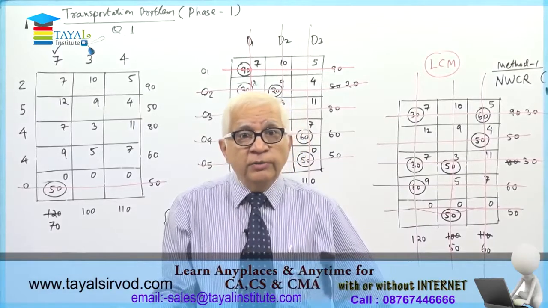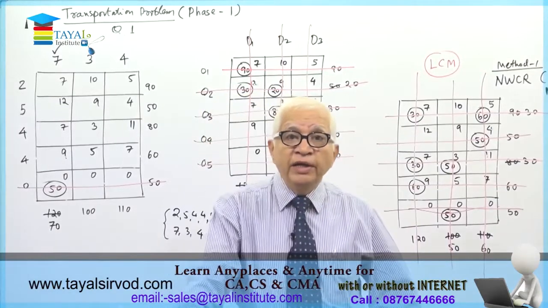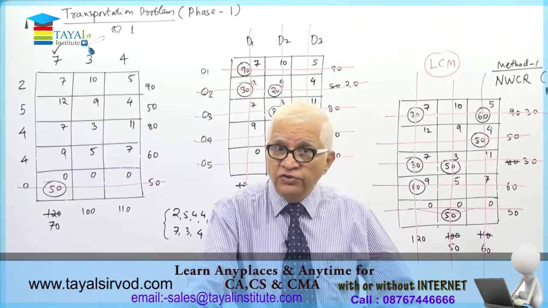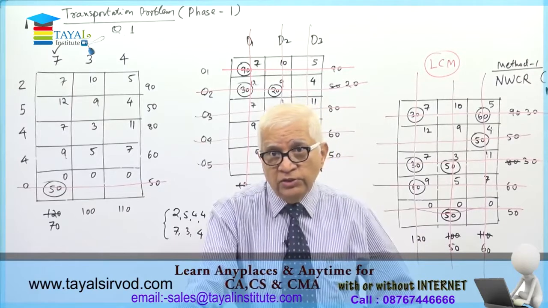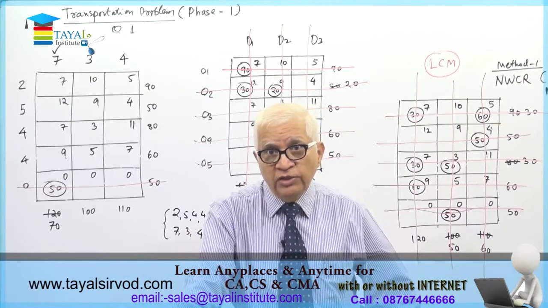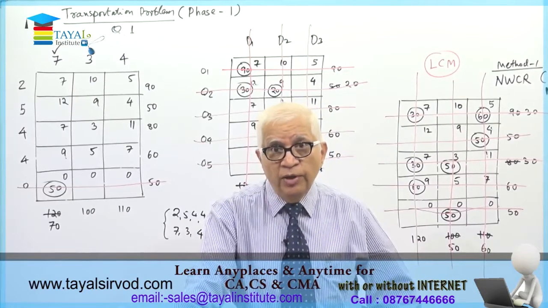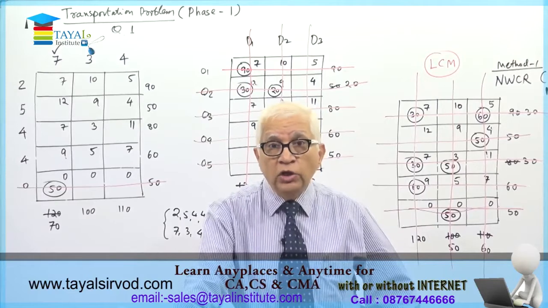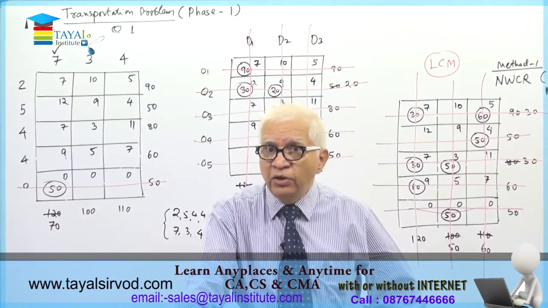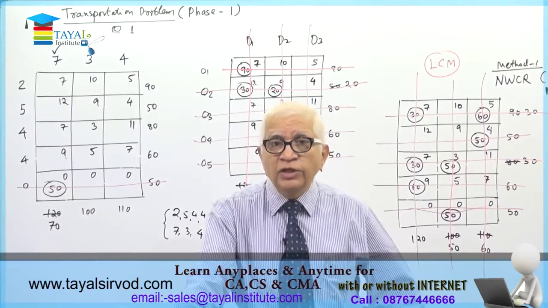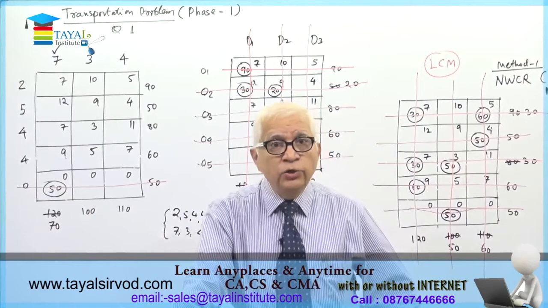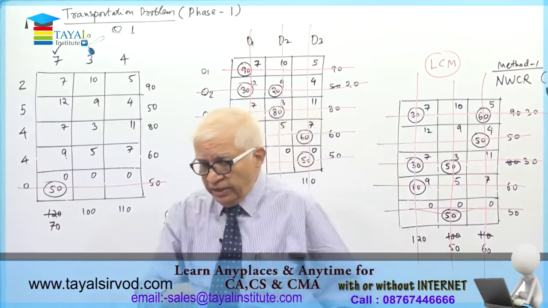Therefore, there is every possibility that the column penalties may have undergone a change, because the least cost is gone from each column. Remember, 0 was the least cost in each column. Therefore, the moment I delete a row, the column penalties may have undergone a change, and therefore, once I delete a row, I need to recalculate the column penalties, which I will do.